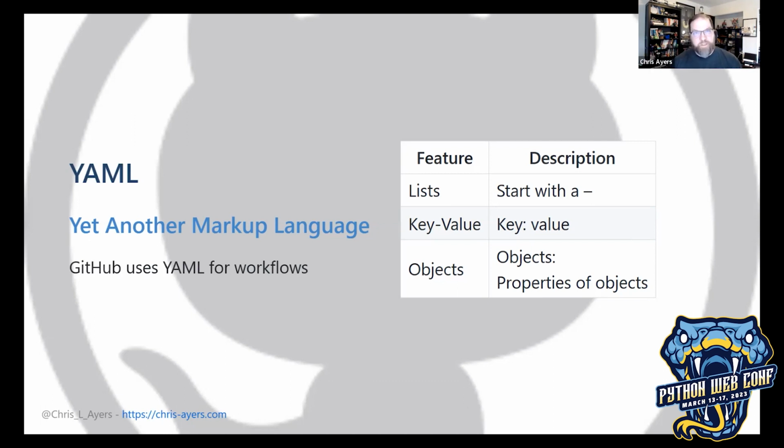When you have lists of stuff, they need to be indented the same level, and you usually start them with a dash space. If you're just doing key value pairs, it's key colon space value, and then objects are some sort of name and then a colon, and then you indent, and it's the list of properties or key value pairs, whatever it might be. So we're going to see a lot of examples of those as we go through our workflows.